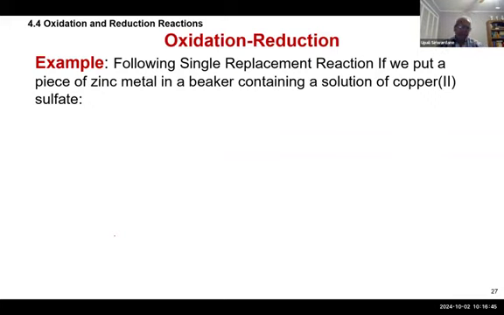The single replacement redox reaction. Single replacement is where one atom of an element is replaced in a compound by another atom of an element.